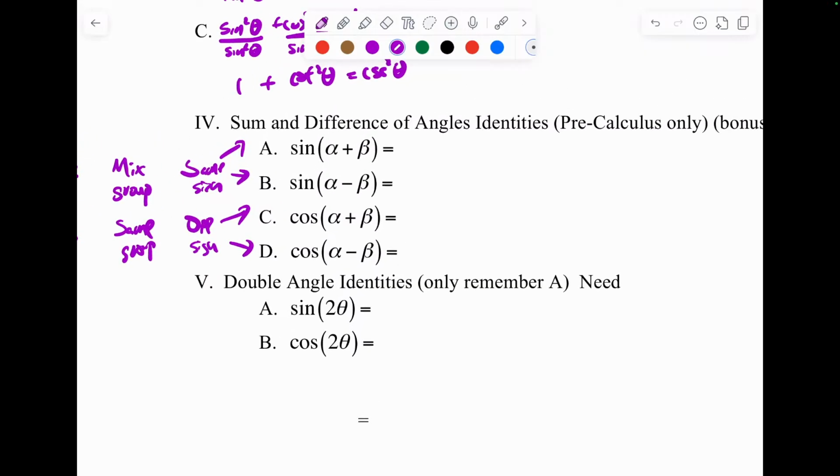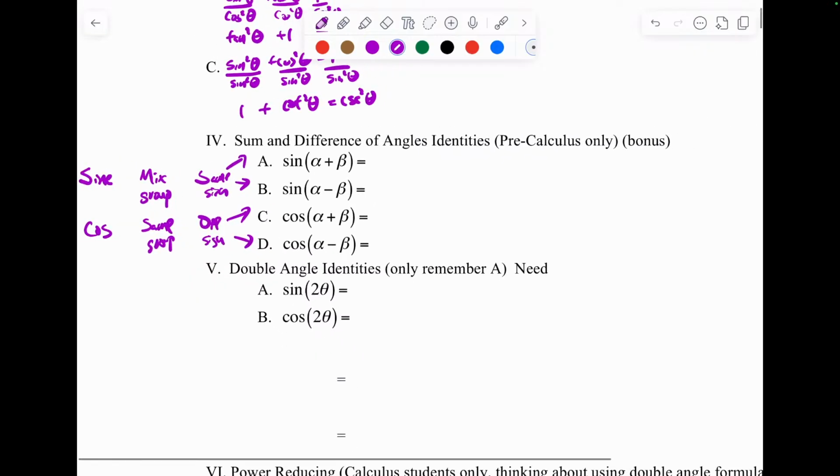So for that purpose, we're going to talk about how to remember sine: mixed group, same sign. For the mixed group, you have to mix it: sine and then cosine, and then cosine and sine. This is a plus, same signs, plus. Just fill in the A, B like this, and make sure you switch the order.